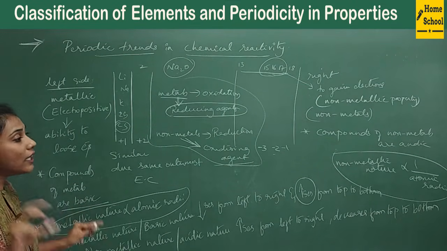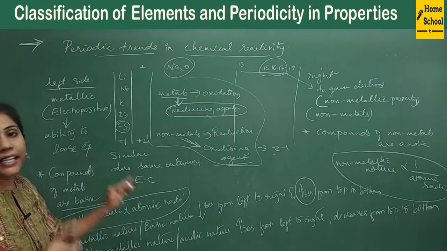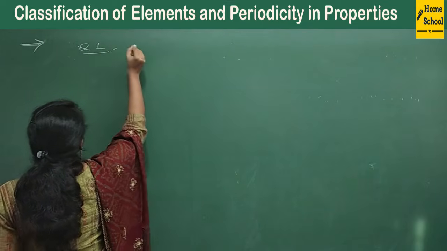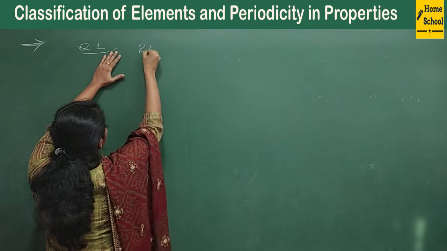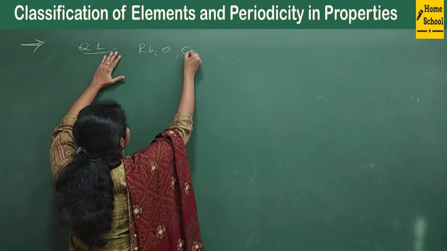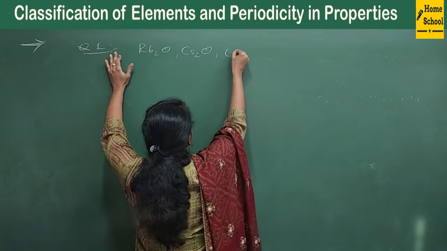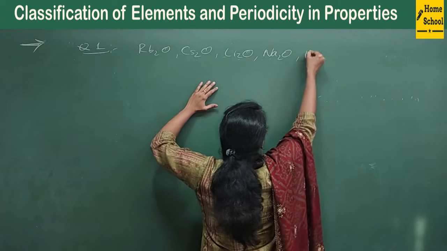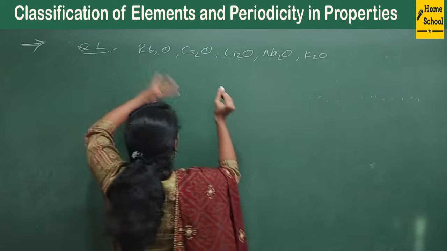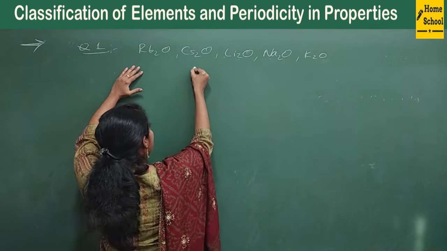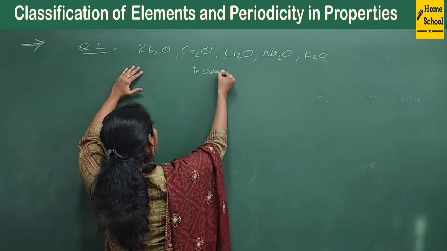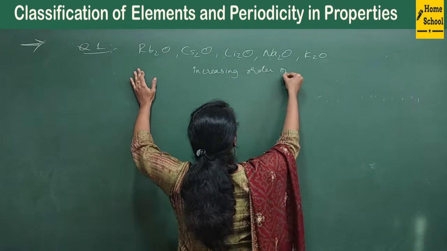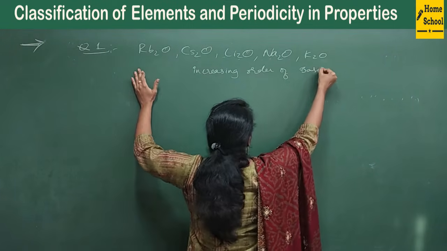Now let us work with a few questions relating to this concept. Observe question number 1, guys. Imagine you have rubidium oxide, cesium oxide, lithium oxide, sodium oxide and potassium oxide. My question is, arrange them in increasing order of basic nature.